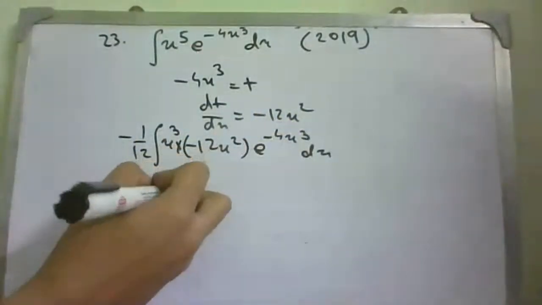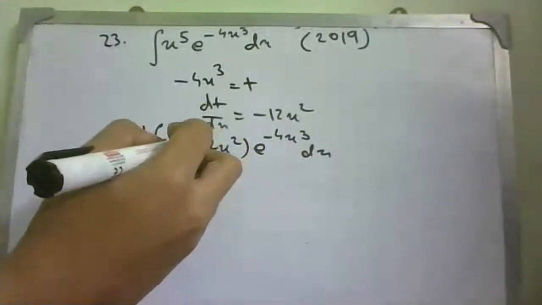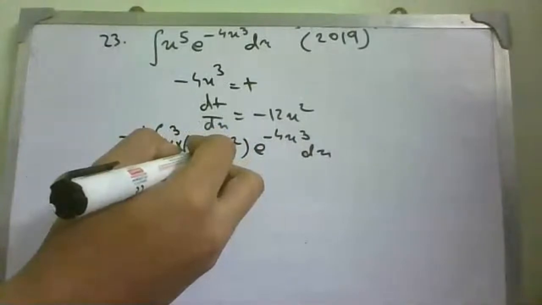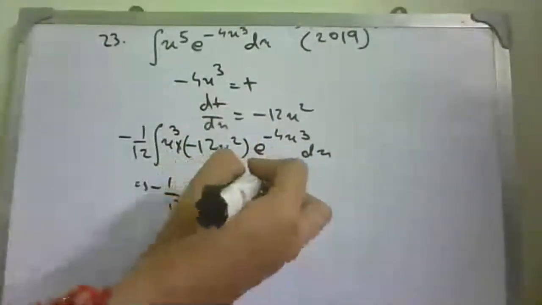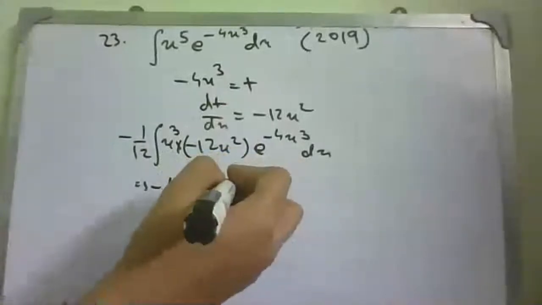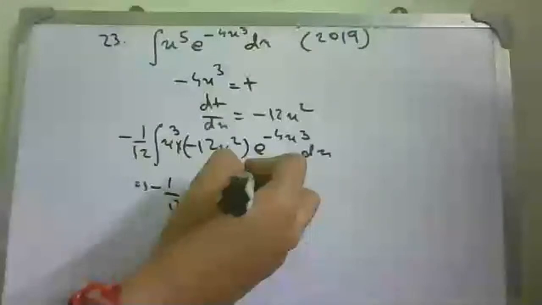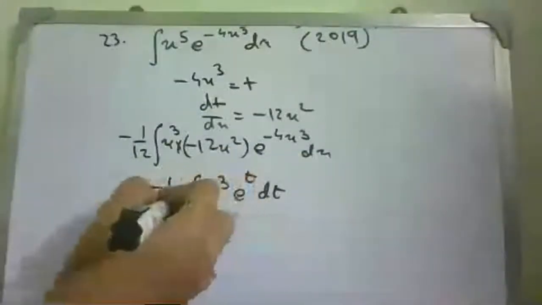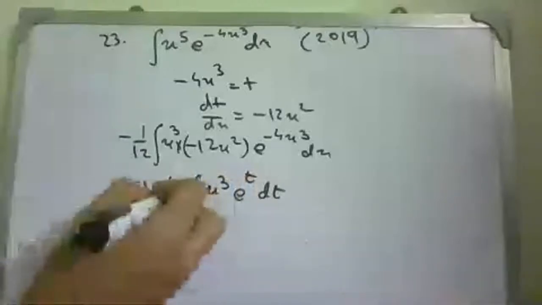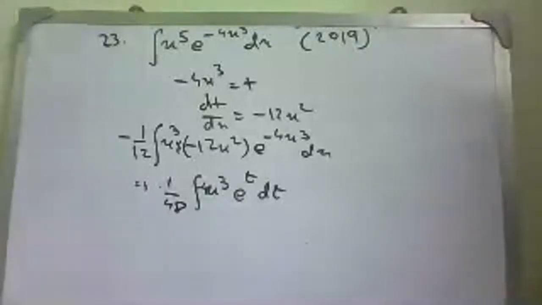So this is minus 1 by 12 and, yes, we can also do this, but let's try this first. e to the power of t dt. Now we can minus 4 and make it like this. We can make this. Why not?